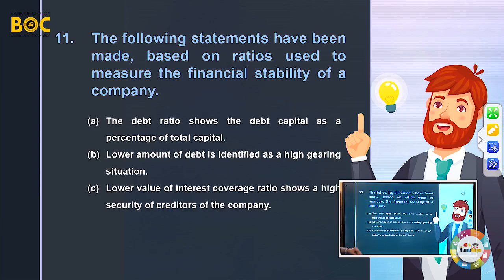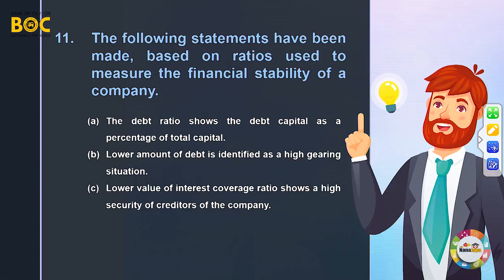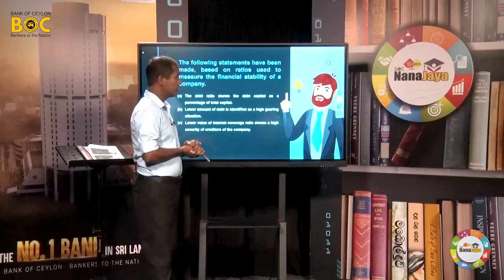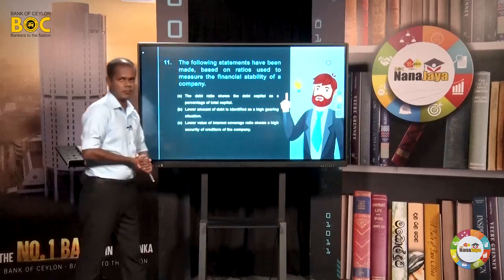The following statements have been made based on ratios used to measure financial stability. In financial stability, the capital structure, we mainly discuss debt capital and equity capital.